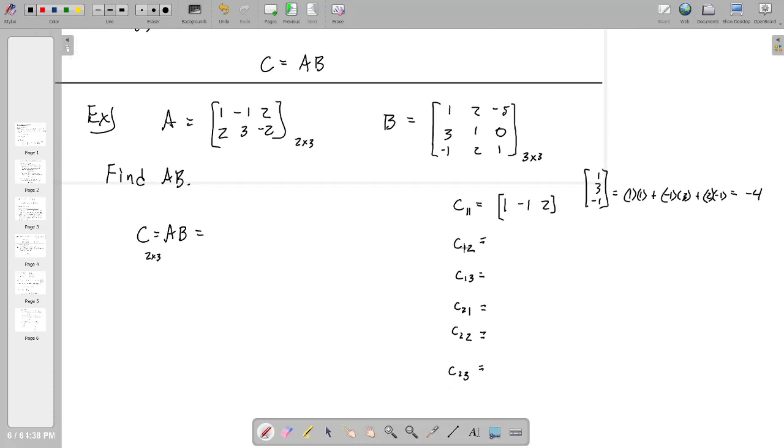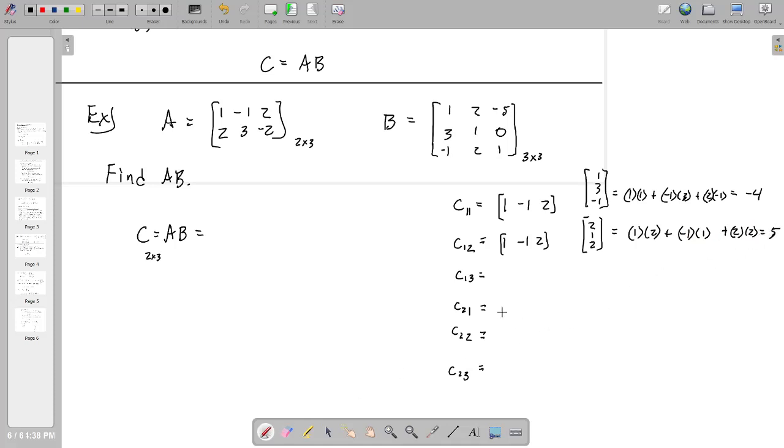First row again is 1, negative 1, 2. Second column is 2, 1, 2. We have 1 times 2 plus negative 1 times 1 plus 2 times 2. We have 2 minus 1 plus 4.